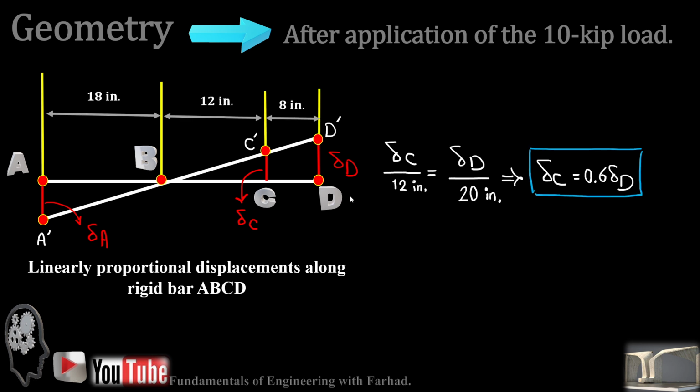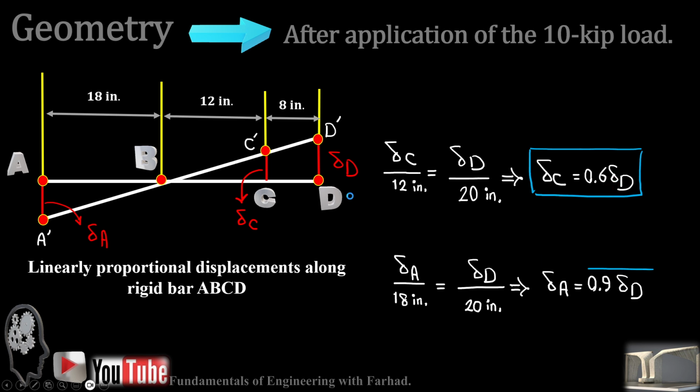Based off the geometry, we use the triangles: delta C over 12 is equal to delta D over 20 inches. That gives us a relation between delta C and delta D. Also, delta A over 18 is equal to delta D over 20, which gives us the next equation.